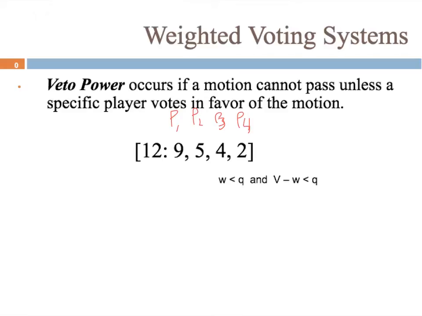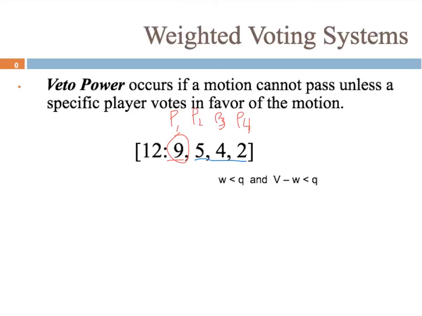They need somebody else. However, notice that if player 1 votes no, and player 2, 3, and 4 all vote yes, 5 plus 4 plus 2, that's 11. That's not going to be enough. So it's critical that we have this player's vote. Again, they can't win it by themselves, but they are needed to pass the motion.